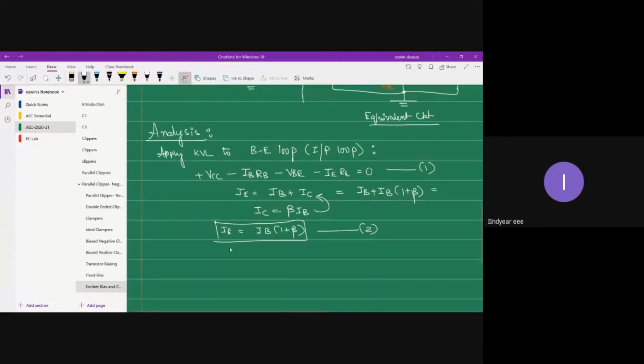So substitute the emitter current expression in equation 1, that is, substitute equation 2 in equation 1. So what do we get? VCC minus IB RB minus VBE minus IE. What is the expression for IE? IE is IB times 1 plus beta, into the leftover resistance value, is equal to 0.